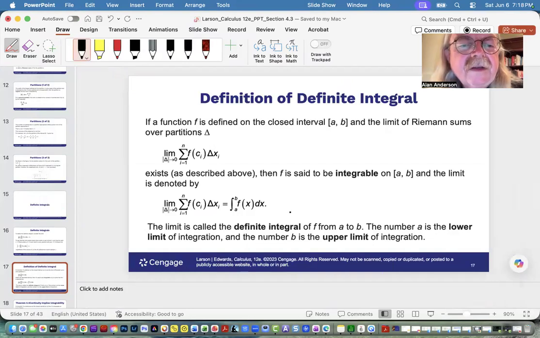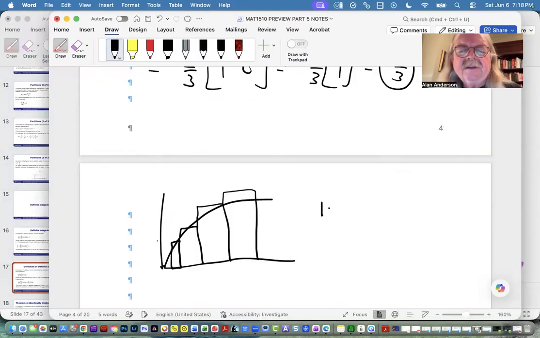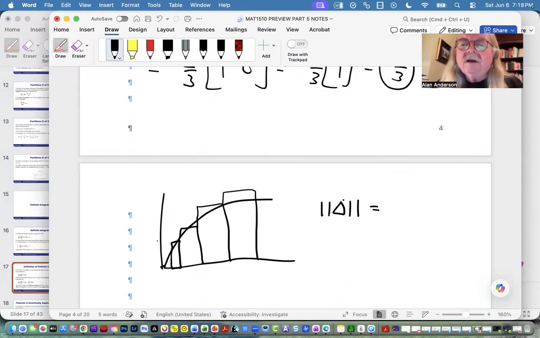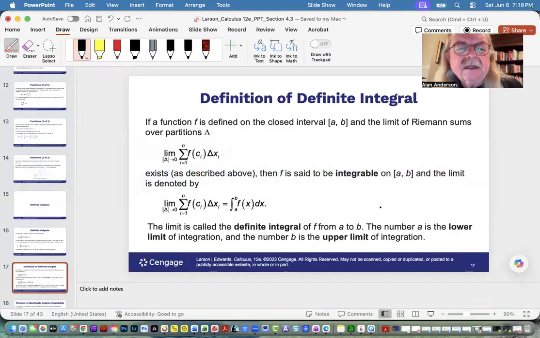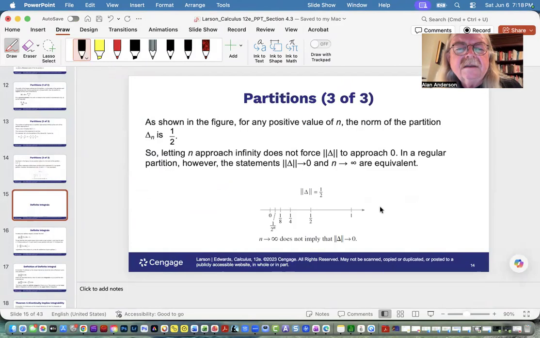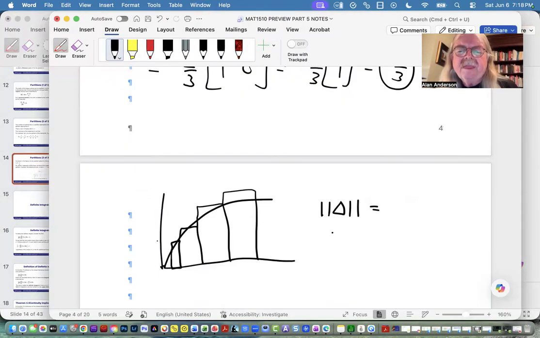So what they've done is they introduced this notation. The double bars can mean different things in different contexts. Here they're using this to define what they're going to call the norm of the partition.